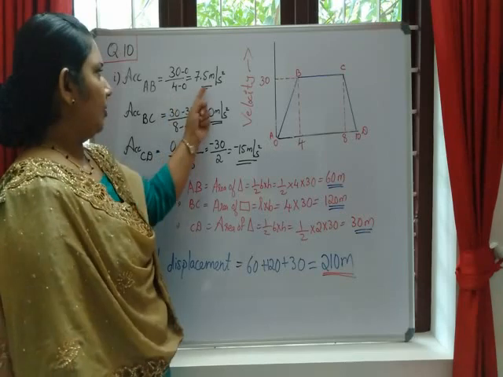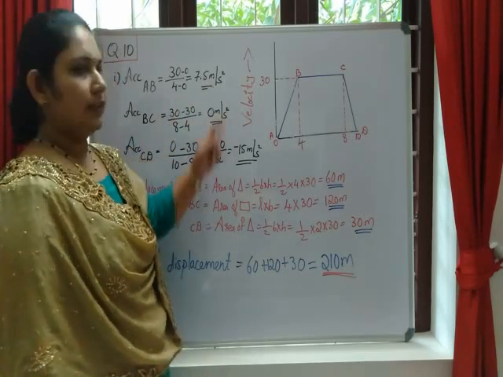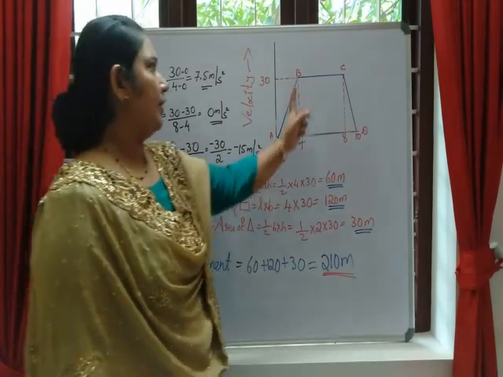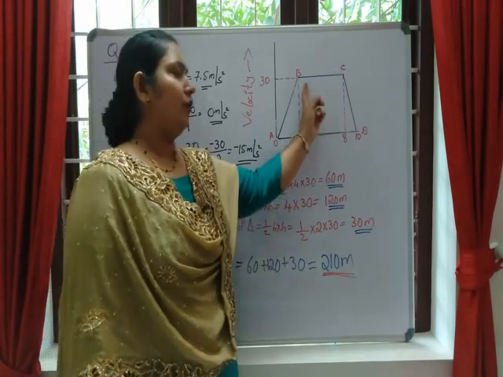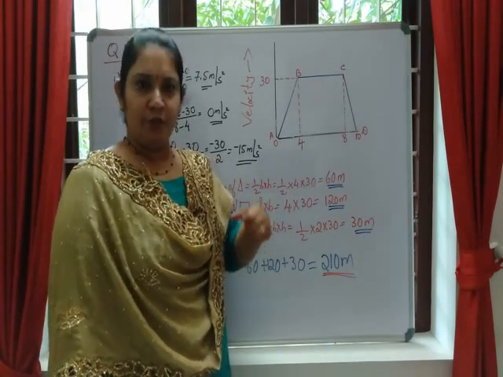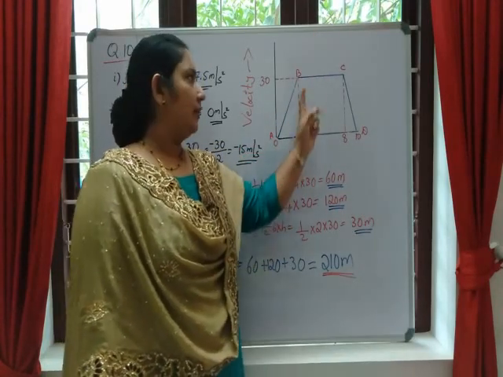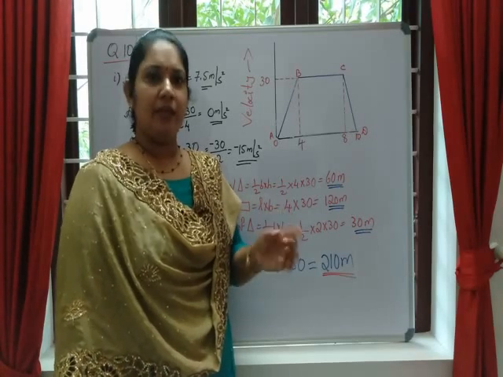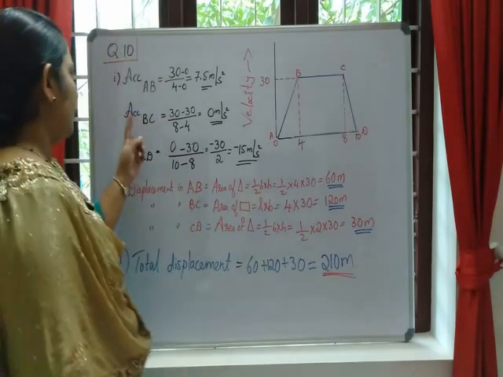So when you calculate, you will get the answer 7.5 meter per second square. Acceleration in AB. Now acceleration in BC. Without calculating, it is clear that we are not giving any acceleration. If we give the acceleration, the velocity should increase. But here there is no change in velocity. That means we are giving 0 acceleration. But still we have to prove using the formula.